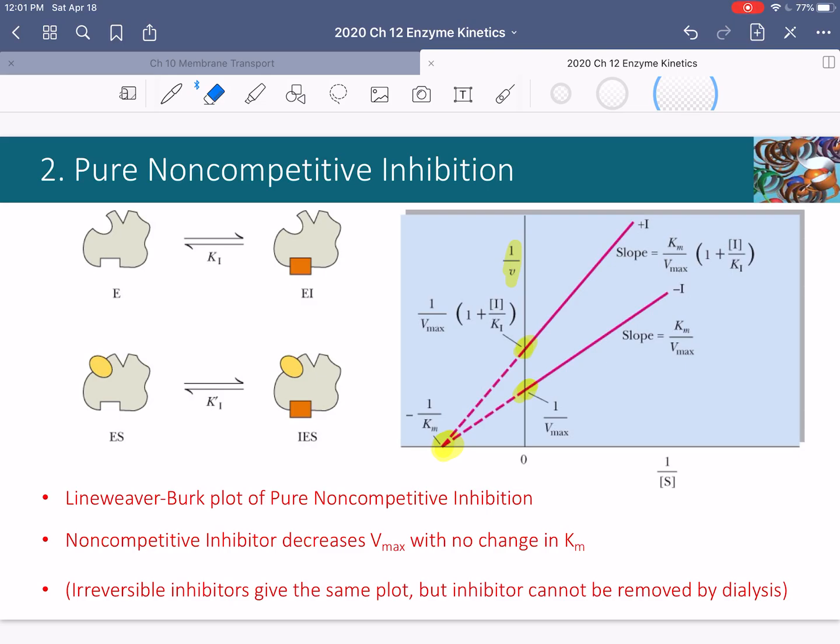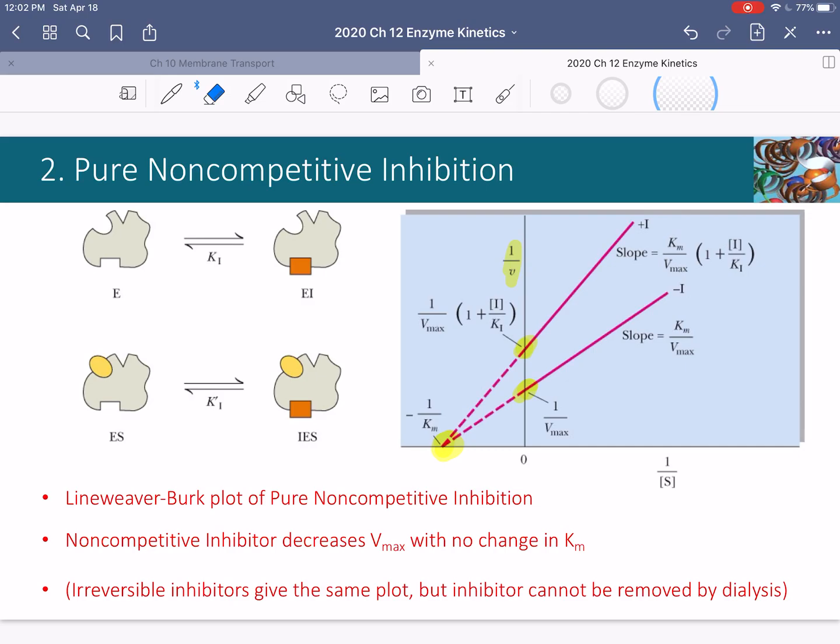After all, it doesn't compete with the substrate for the active site. It binds to another site, right? And so this inhibitor doesn't change the binding of the enzyme to its substrate. And remember, your Michaelis constant, capital K sub m, is an approximation of your dissociation constant.